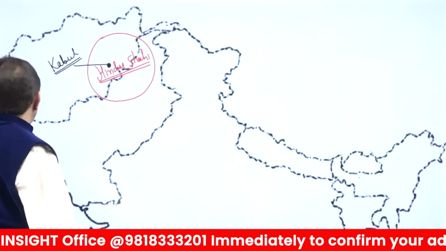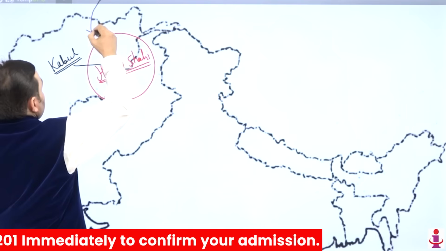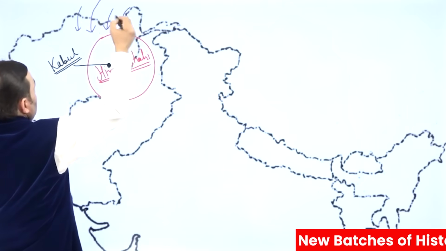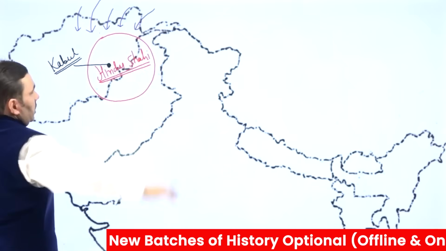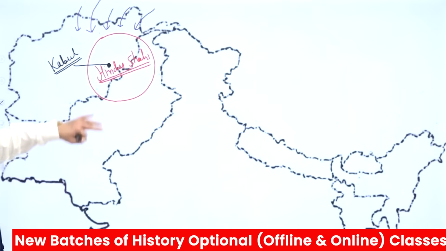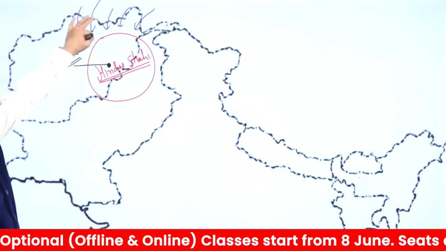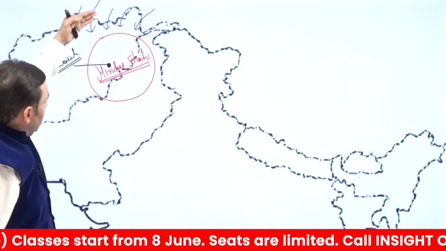India faced repeated invasions from the northwestern side, Central Asia, and here if you see Uzbekistan, Tajikistan, those kind of countries are there even today. You should have the idea of map.